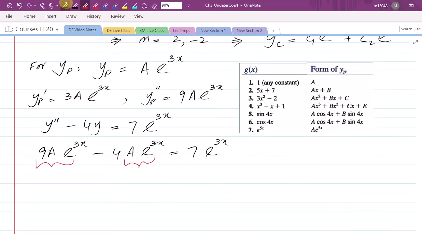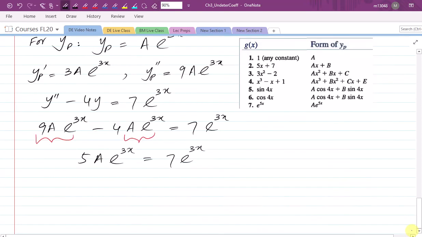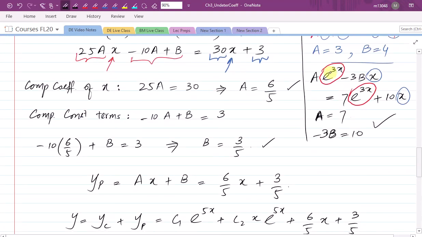And now we go for the comparing coefficients step. These are the same functions, so we can simplify the coefficients. So this will become 5a. Comparing coefficients of e power 3x as I have explained earlier in this example: if we have the same function on both sides, we compare coefficients of that function.